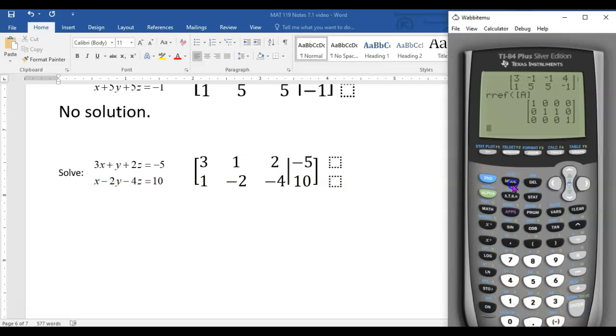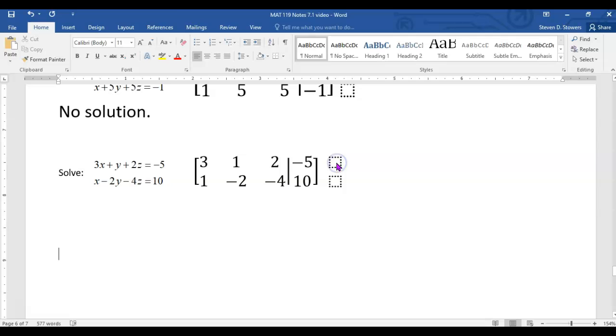I'm going to quit out of that. Let's take a quick look at the matrix we just put in to make sure it looks right. Okay. And now let's look at the reduced row echelon form of the matrix. 1, 0, 0, 0, 0, 1, 2, -5.